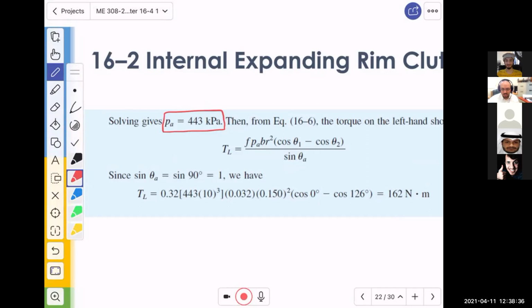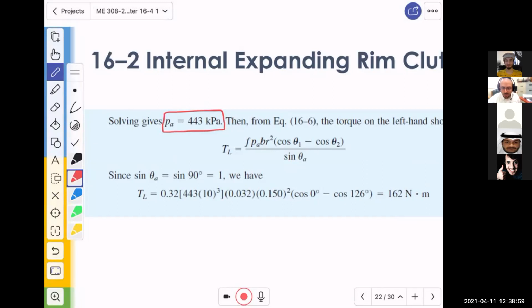443. So, just to repeat, if you apply the same actuating force on the right and left shoes, you will end up reaching, for the self-energizing shoe, the maximum pressure, which is 1000. On the left one, you will only have a value of 443.